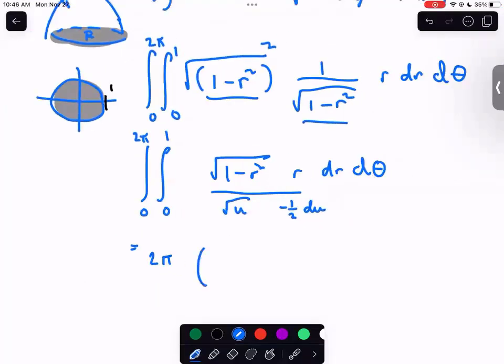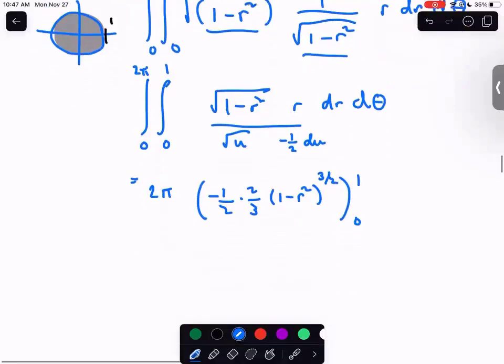So when I integrate this, u to the 1/2 power, raise that up by 1. We're going to have u to the 3/2 power, multiplied by the reciprocal there. And of course, we can double check. We'll also substitute it into this line instead of u. We'll put back our 1 minus r squared. And again, we needed to evaluate that from 0 to 1.